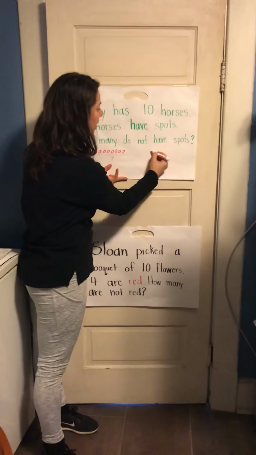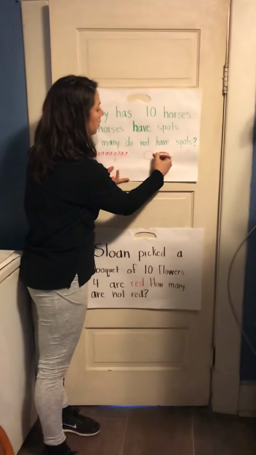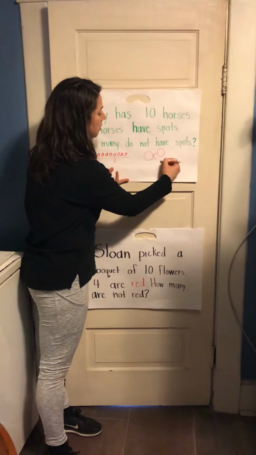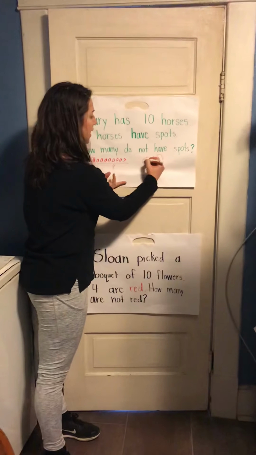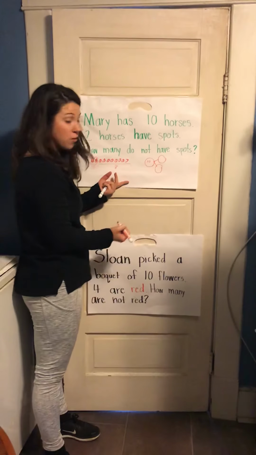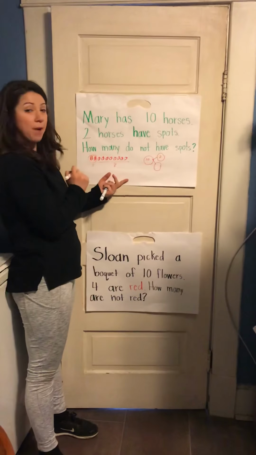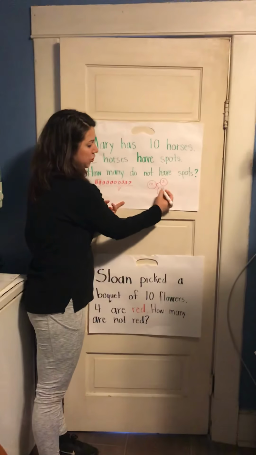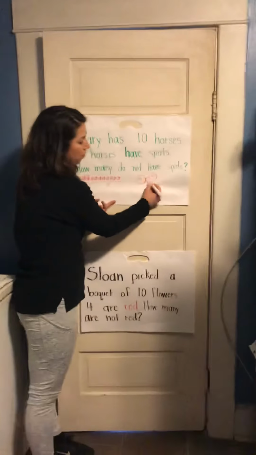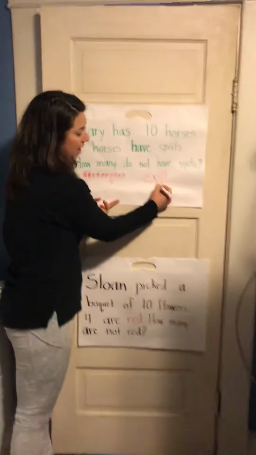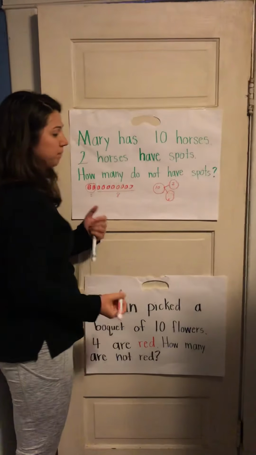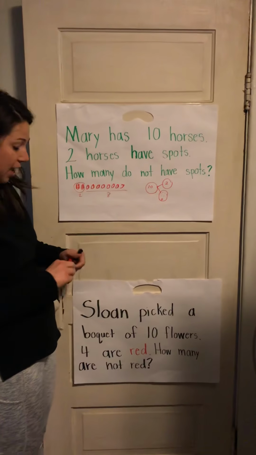I even saw somebody do a number bond to show how they knew. They had 10 here because that's the total number of horses. 2 had spots. How many did not? And they showed that as 2, 3, 4, 5, 6, 7, 8, 9, 10, which is 8. Okay? So great job.